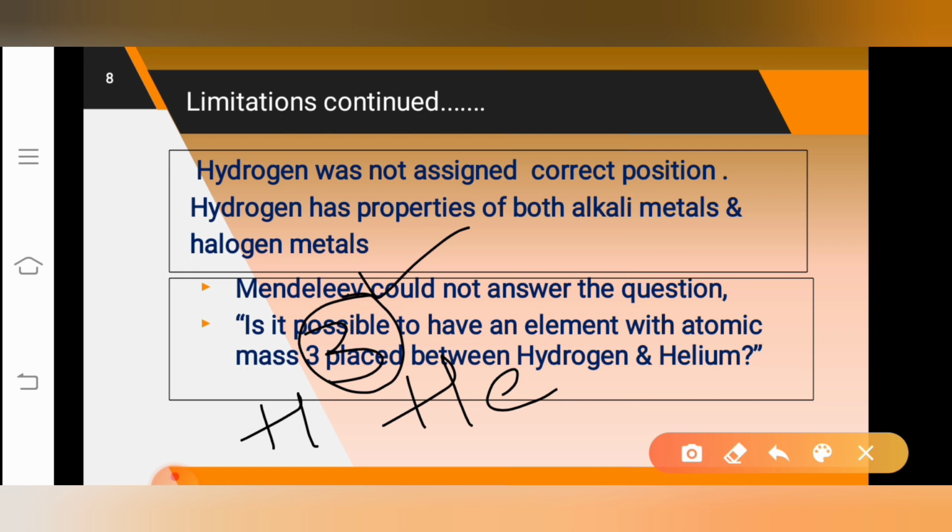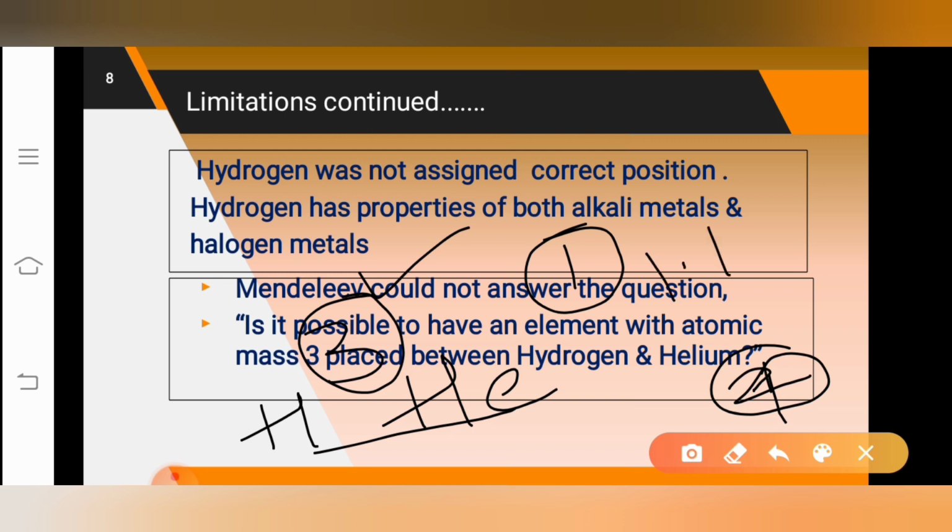Because the hydrogen is having the atomic mass 1 and the helium is having the atomic mass 4, there may be so many elements, that is, elements with the atomic mass of 1.1, 1.2, 1.3 and so on, right? Or in between 1 and 4, it may also start from 2.1, 2.2, 2.3.